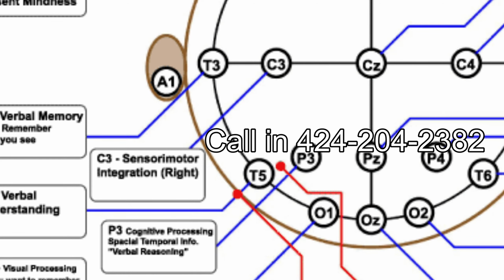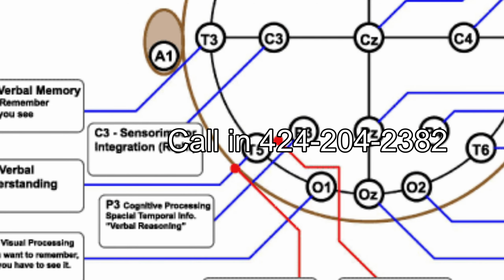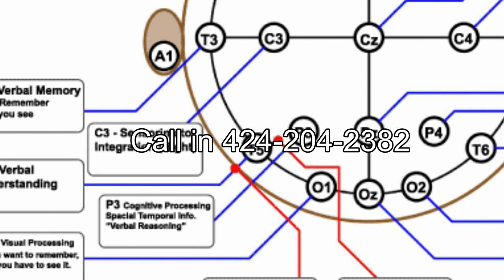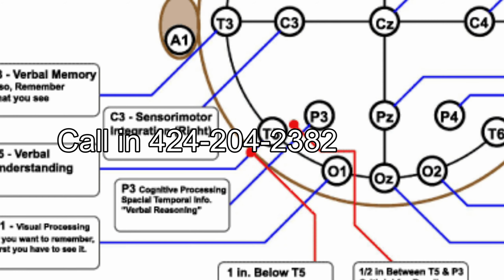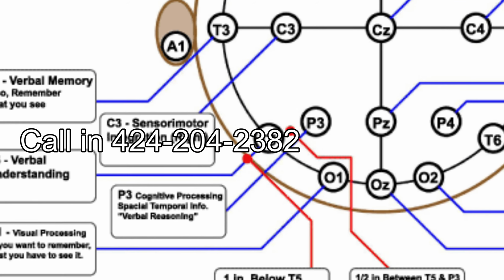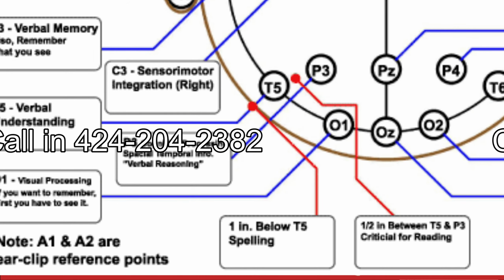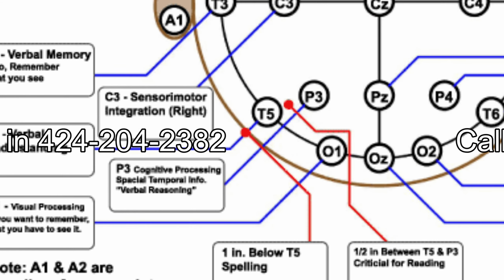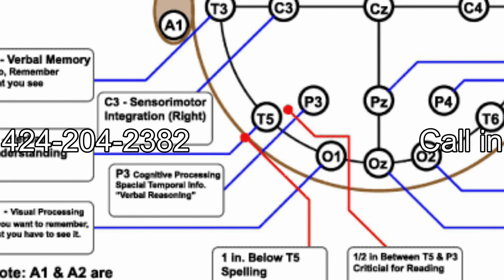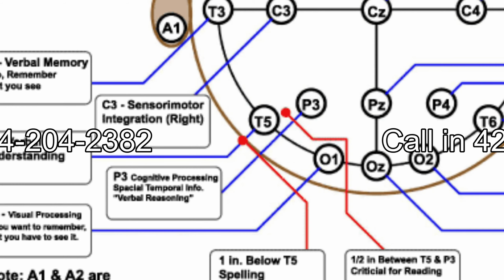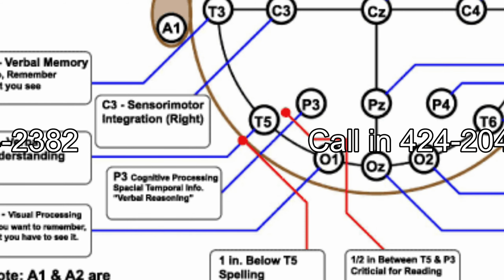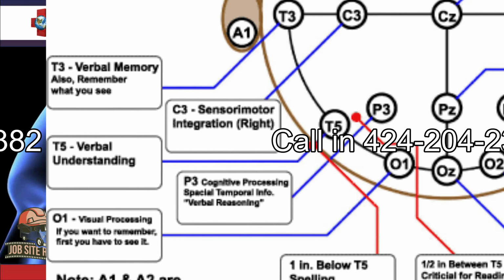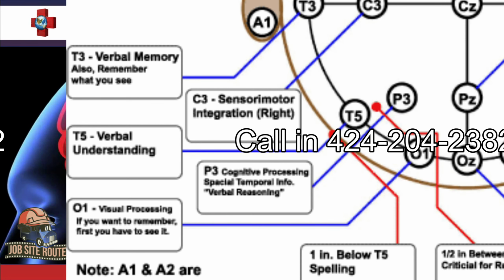So I guess that's kind of a form of intelligence, or pattern recognition is the purest form of intelligence. Tied to T5 is spelling. Below T5 is spelling. Okay. At P3 we've got cognitive processing, special temporal info, and verbal reasoning. Right? Once again, we're getting close to the Wernicke's area.